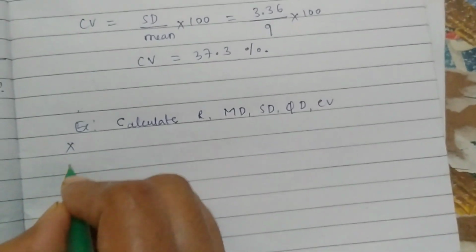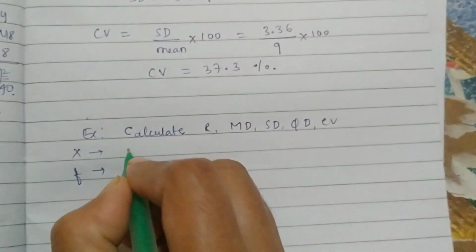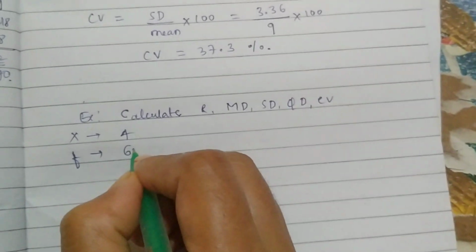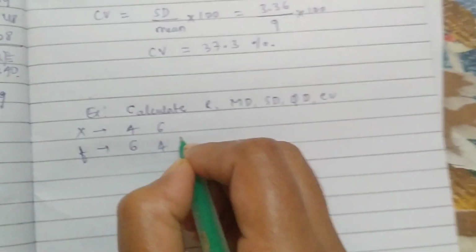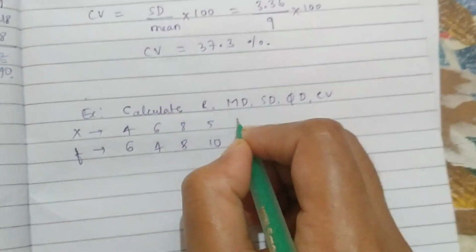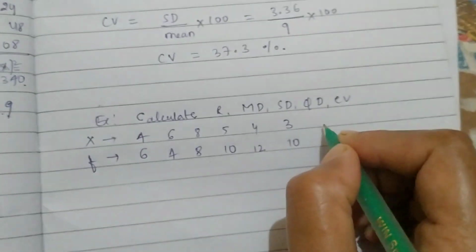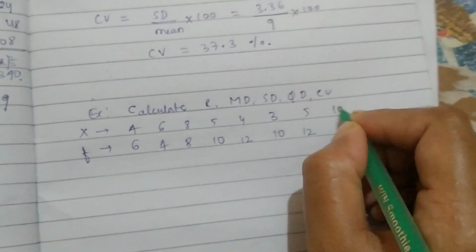So we have x and f variables: x is 4, 6, 8, 10, 12, and f is 4, 5, 4, 3, 10, 5, 12, 10, and 10.